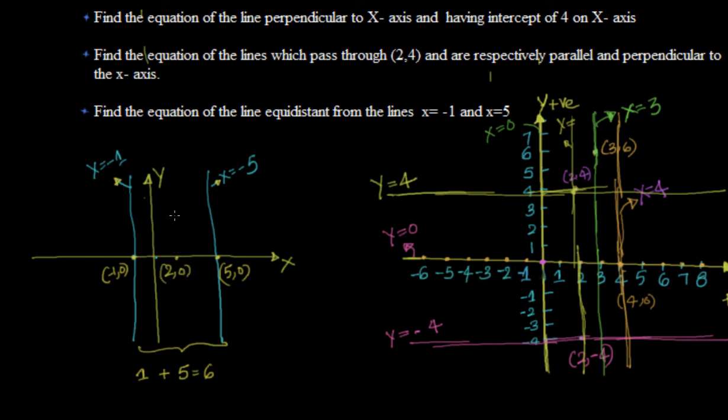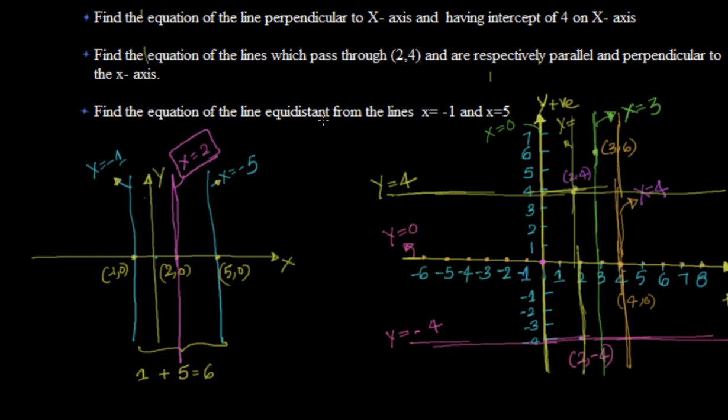So the line which is equidistant should pass through (2, 0), and it should also be parallel to both of them. So the equation will be x equal to 2.